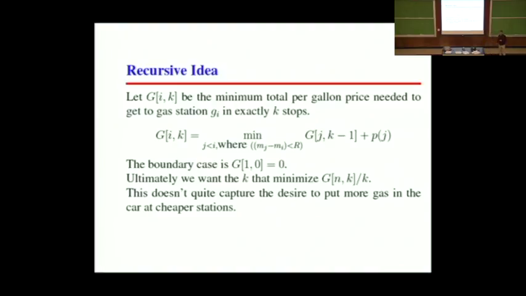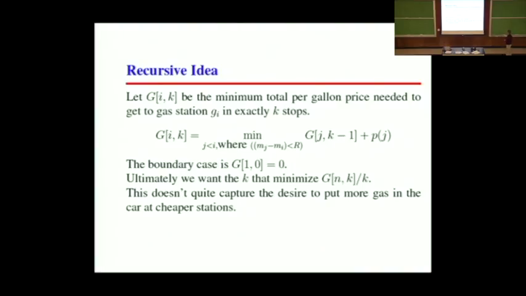Okay, two arguments to my recurrence. One is what is the gas station that I'm at, and the other is how many stops did it take to get here. Okay? And I'm going to say I want to now know what is the minimum total per gallon price needed to get to this gas station in that many stops. What do I say it is?